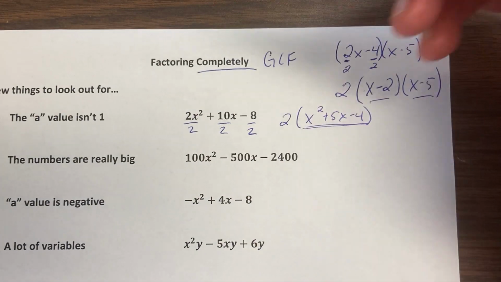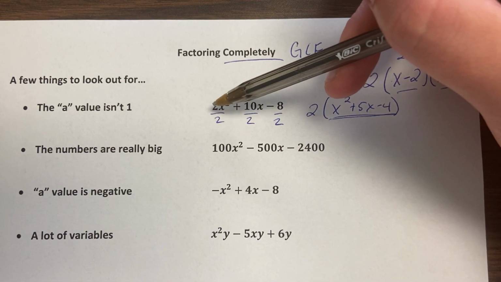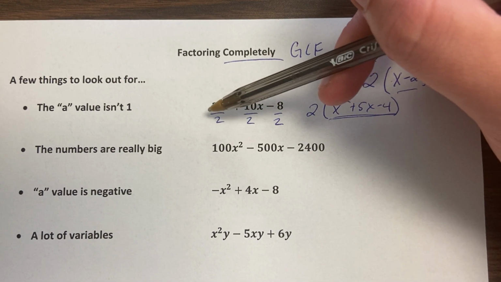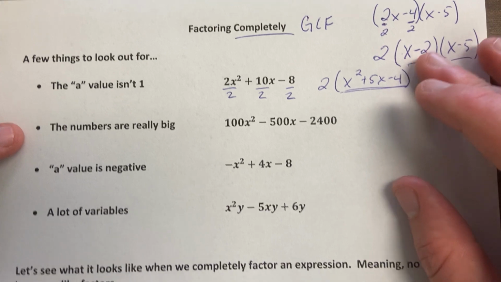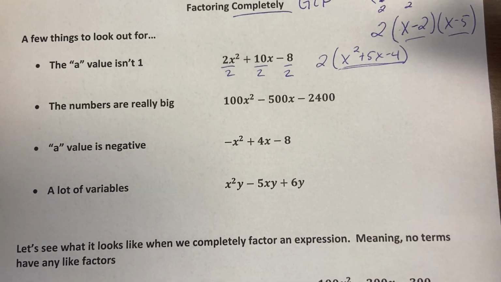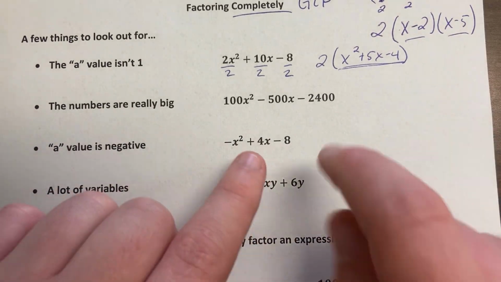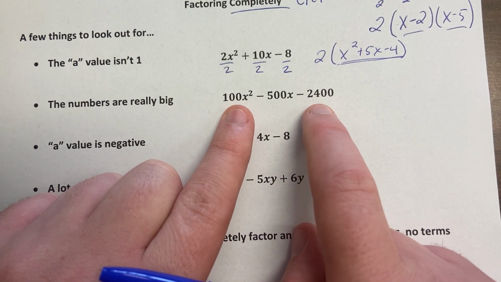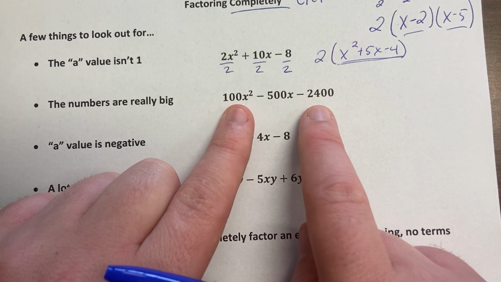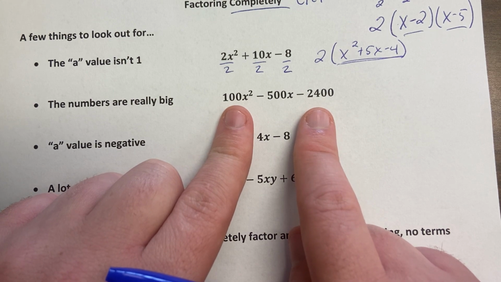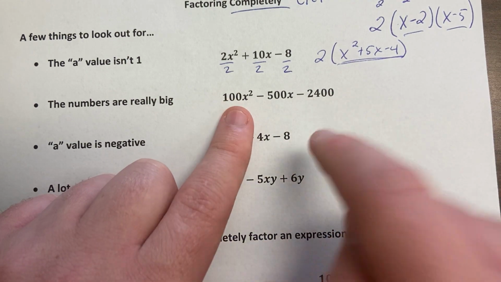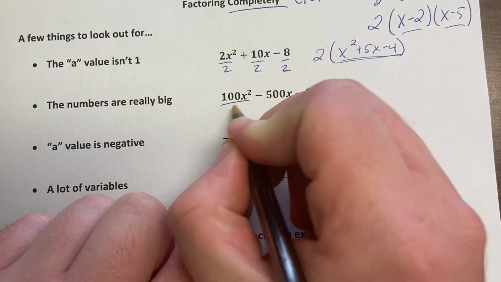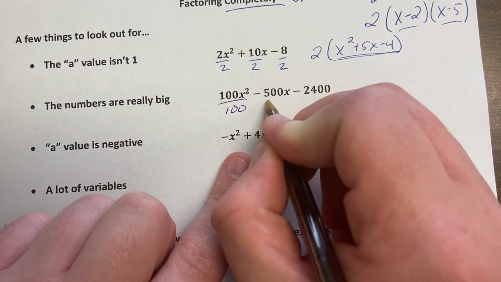So first thing, definitely, if you can make the A value 1, I would do that. Another thing to look out for: what if the numbers are really large? You don't want to sit there and factor, in this particular case, maybe having to multiply 100 by 2400. This is a dead giveaway of an assessment making you aware that we can cut this by 100. They all have these 2 zeros in common.